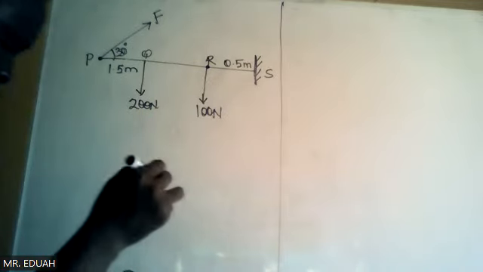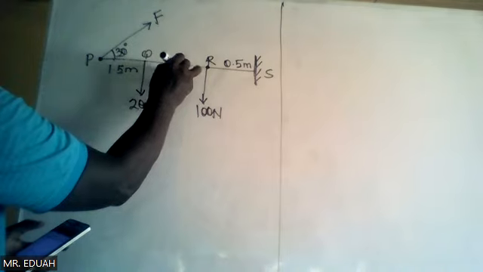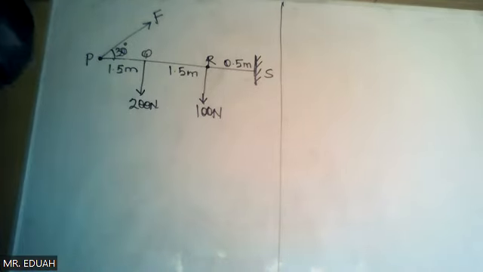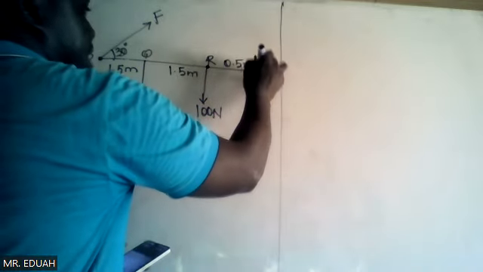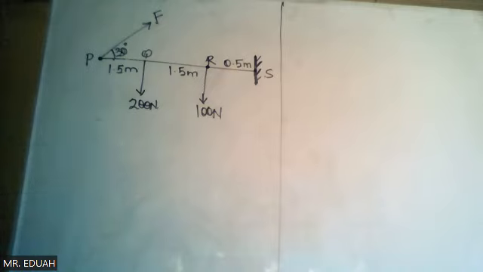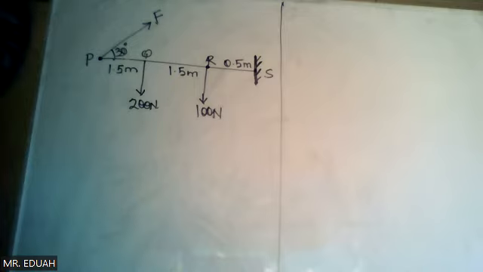Then between Q and R, the distance is 1.5. So this is the axis of rotation, the hinge around which turning takes place. Okay. The question is to find F, the force F.